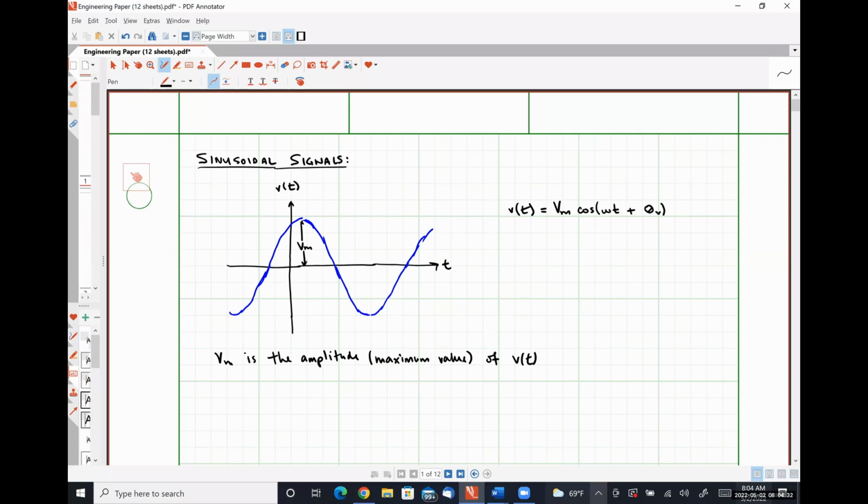And technically we consider Vm to be the maximum value, but it could also be representing the distance from the most negative peak to the horizontal axis as well, simply the magnitude of that size, okay? So Vm tells us how large our sinusoidal signal is.